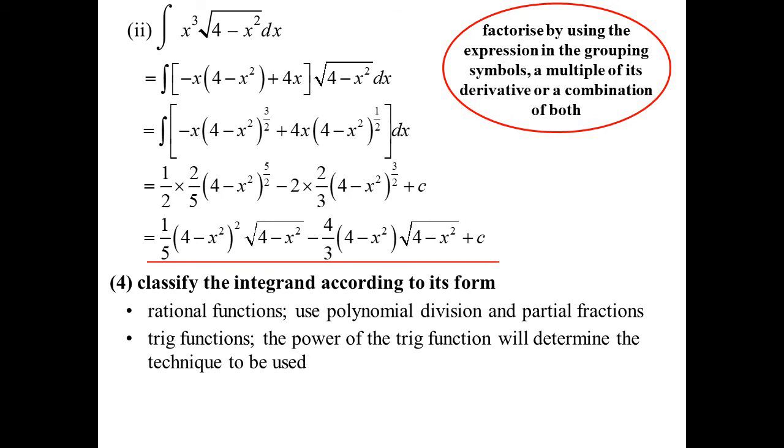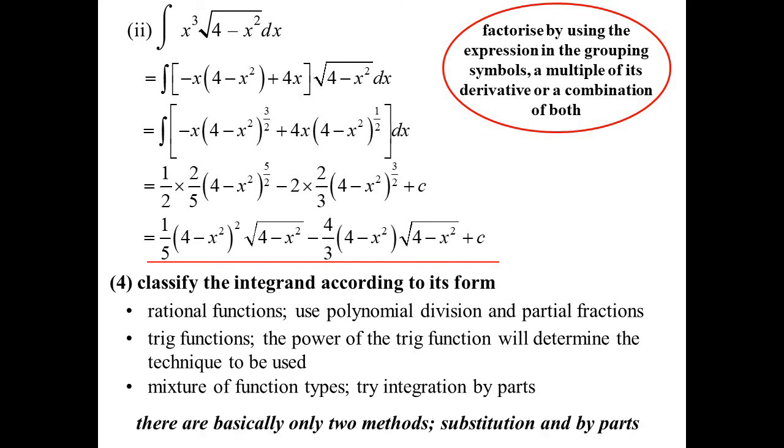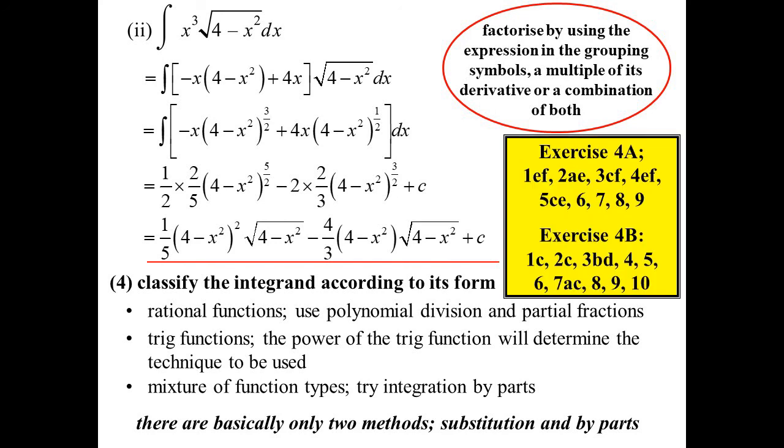Trig functions: the power of the trig function will tell you which technique to use, and we'll spend some time looking at trig integrals. If there's a mixture of different function types, you might have an exponential with a trig function, then you're probably going to use integration by parts. Essentially, there really are only two ideas: substitution and integration by parts. Pretty much everything is one of those two ideas. All right, we shall begin with 4a and 4b.